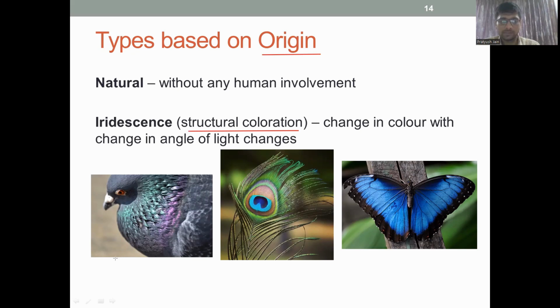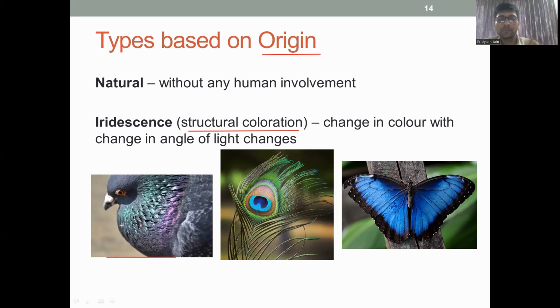Let us understand this with some examples. The first example is a pigeon's neck. If you have seen a pigeon's neck, you must have seen that it has a colorful shine to it. When the pigeon moves its neck, the shine and the color also change. What happens is there are some nanocrystals of wax in the pigeon's neck. When light falls on them, there is a color to it.